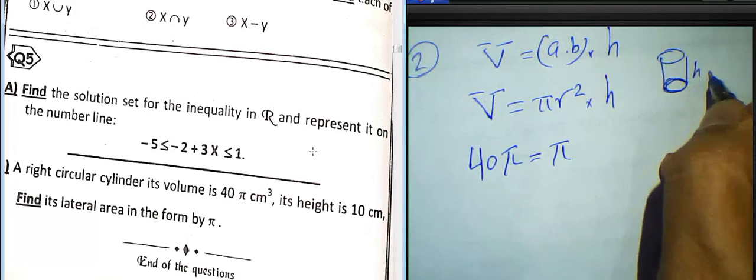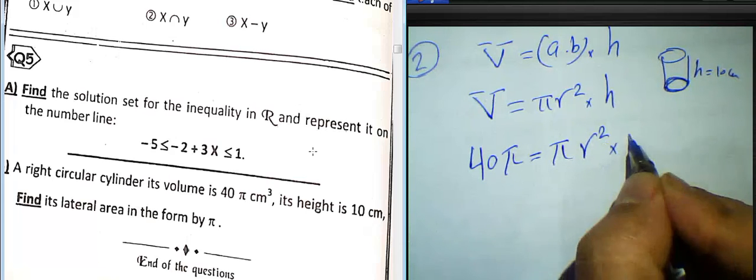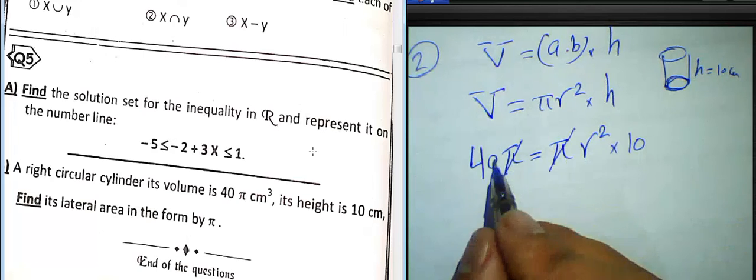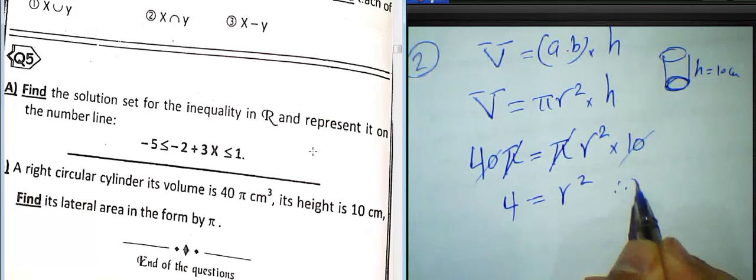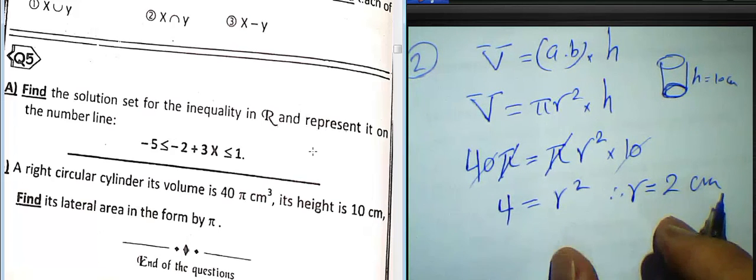The height equals 10 centimeters, so πr² times 10: we can cancel π and π, and 40 divided by 10 equals 4. So r² equals 4, and the square root of 4 equals 2 centimeters, the radius.